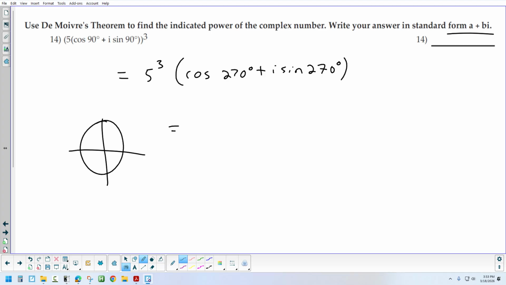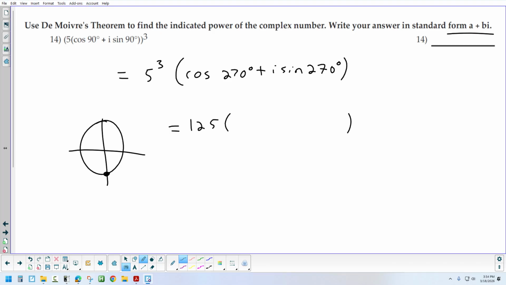Okay, where's 270 on the circle? In the third quadrant? Nope, it's not in a quadrant. It's on the axis. It's on the negative part of the y-axis. So there's 270.